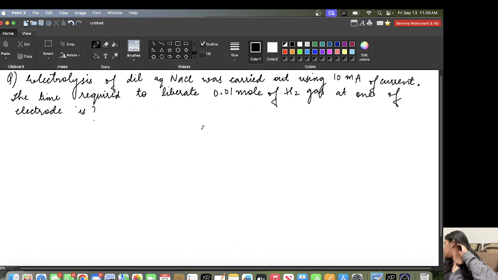Now if I want to directly do it from the formula, what are they asking? They are asking us the time required, right? How much ampere of current is it? I is equal to 10 milliampere. What does 10 milliampere mean? 10 into 10 to the power minus 3. And how many moles of H2 is there? 0.01, right?